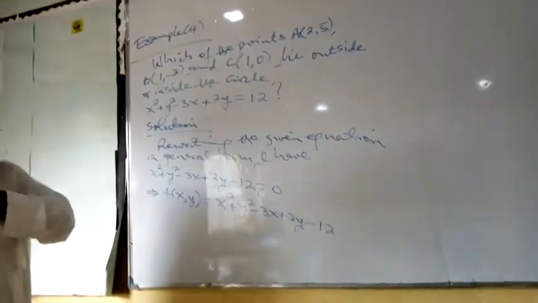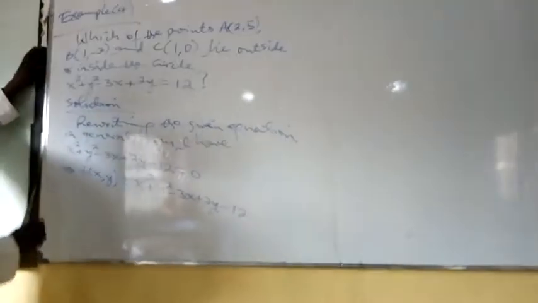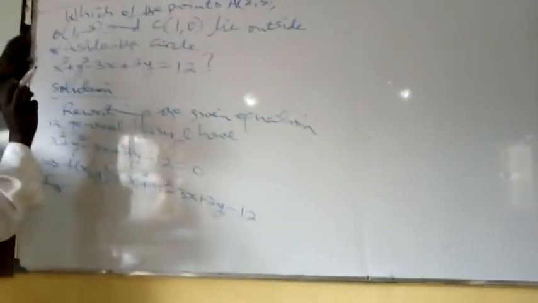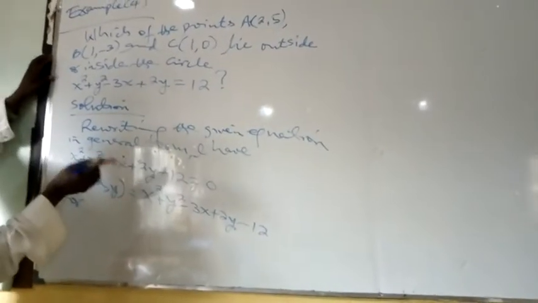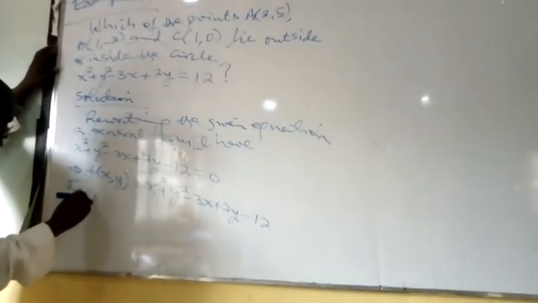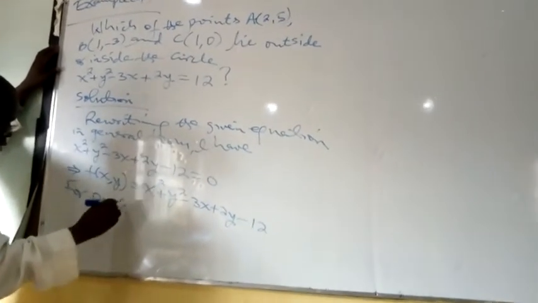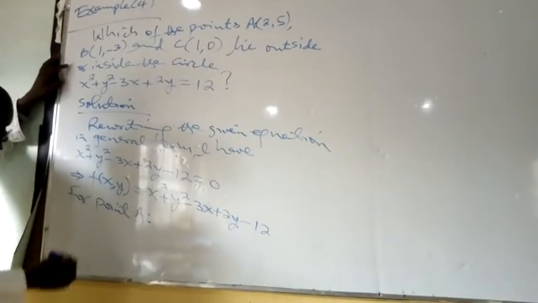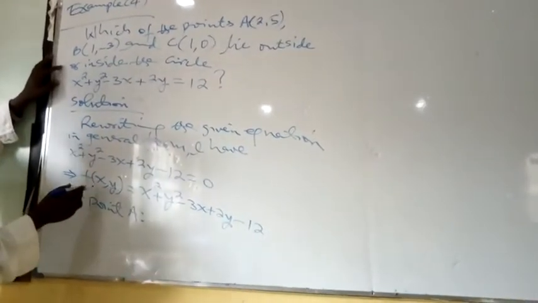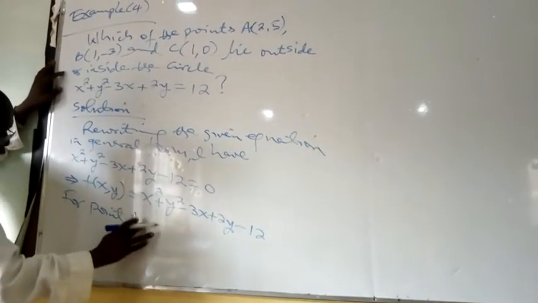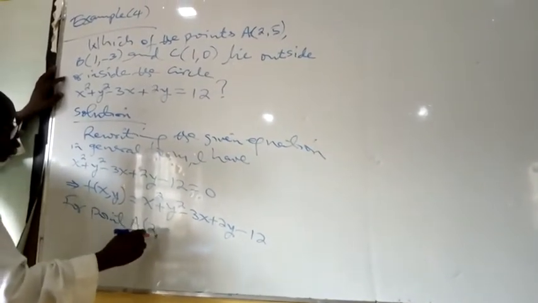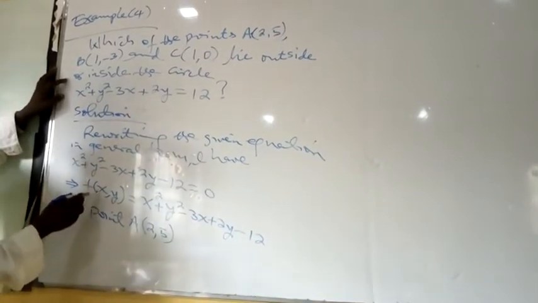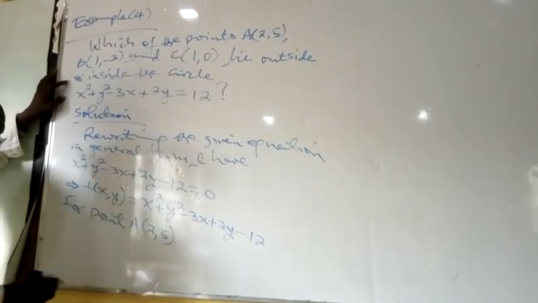Now for point A, I want to test whether point A lies outside the circle or inside the circle. The coordinates of point A are (2, 5), so my x is 2 and y is 5.